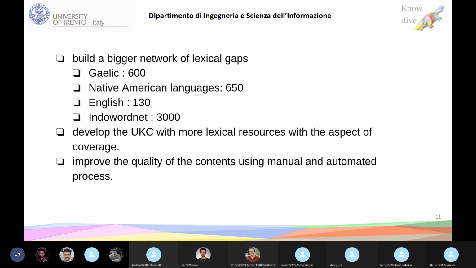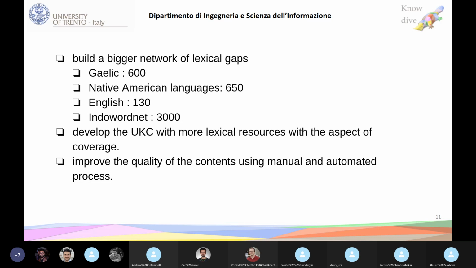So moving on, the next task that we will work on would be improving the size of the lexical gaps that are present in the UKC. For now, we have been able to find these lexical resources. Now the idea is to structure them and import them into the UKC.